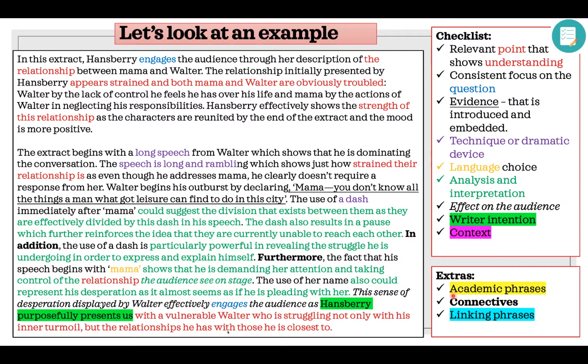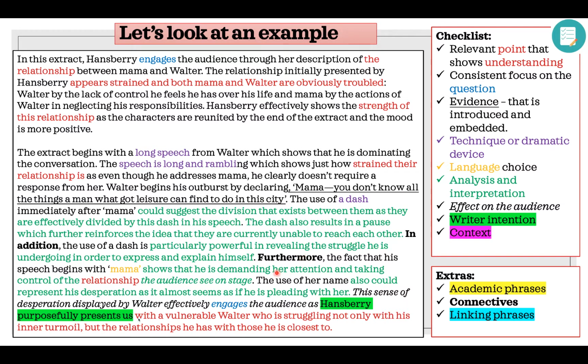So in addition, so we've gone back to the connectives, the use of a dash is particularly powerful. So here we have an academic phrase as well, in revealing the struggle he is undergoing in order to express and explain himself. So we kind of got our third interpretation here. Furthermore, the fact that his speech begins with Mama. So here we've gone to language, which means that we're actually doubling up on our techniques because we did start off with a dash.